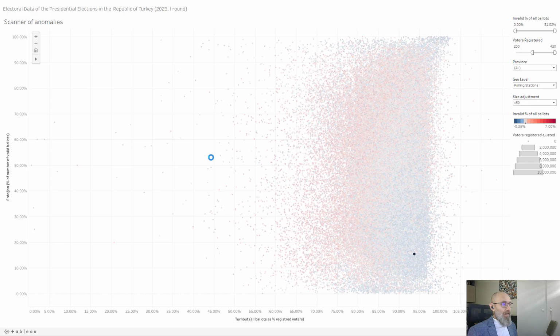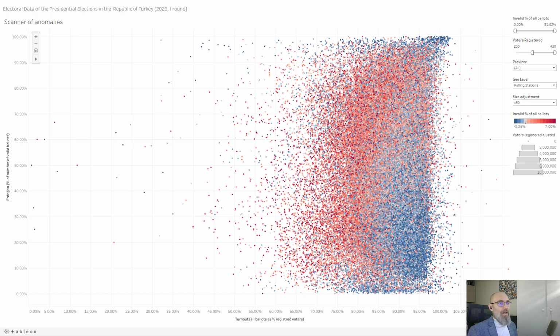And we have another extreme, and this is a triple extreme. It's cool polling stations. They are probably smart, but plus they have a very high percent of incumbent, and they have a very high percent of turnout. Nobody was sick or lazy.